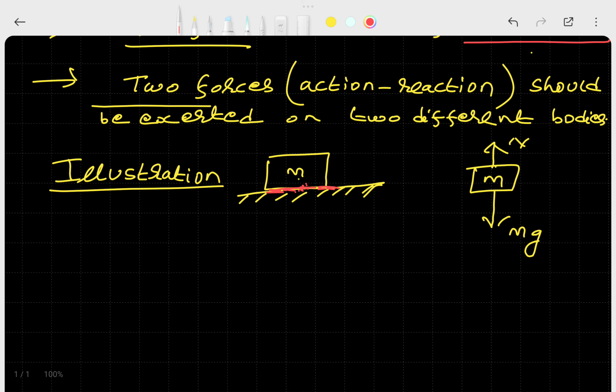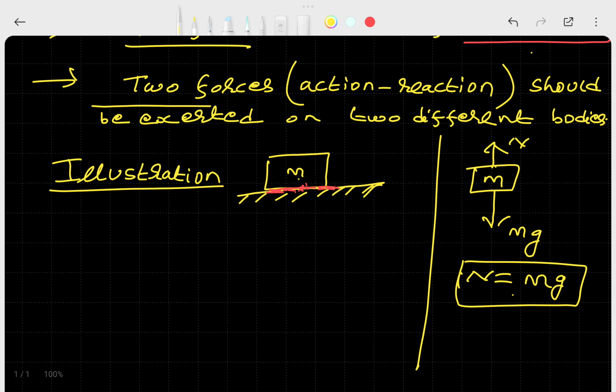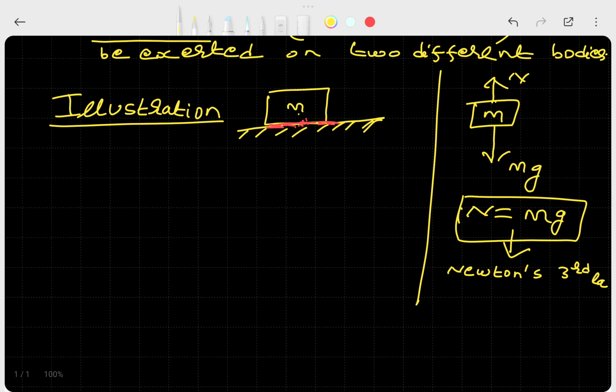Now some students will write N is equal to mg. No doubt it is correct while solving the problem, but if you say that N equal to mg is due to Newton's third law, then you are 100% wrong.